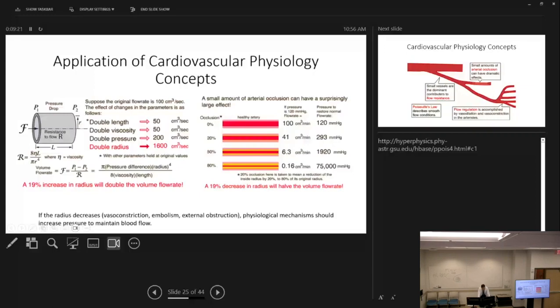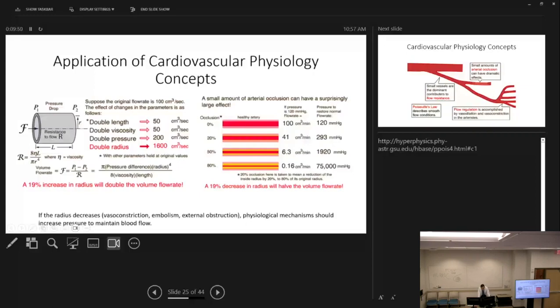Notice these numbers here. This is very interesting. For example, normally to have this flow of 100 cubic centimeters per minute, you need to develop a pressure of 120 millimeters of mercury. That is what our heart does normally. If we reduce the radius 20%, we are going to have a flow that is 41 centimeters per minute.